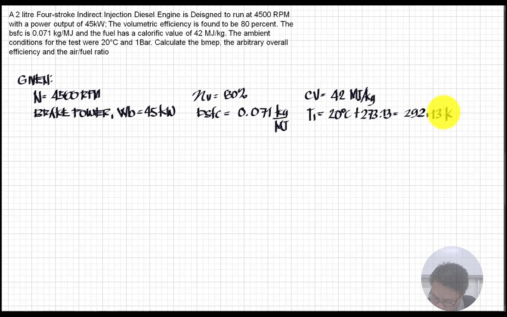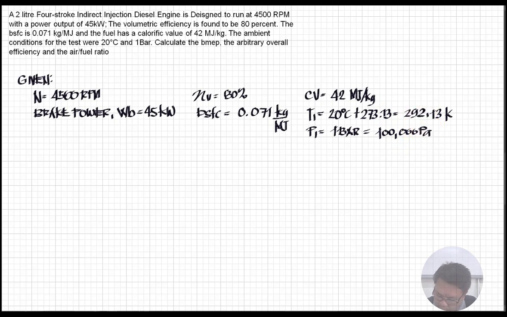Then we have also your atmospheric pressure, which is 1 bar. So 1 bar is equivalent to, sorry, this is equal to 100,000. So 1 bar is equal to 100,000 pascal.